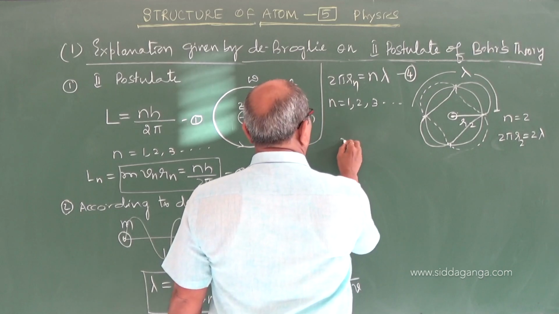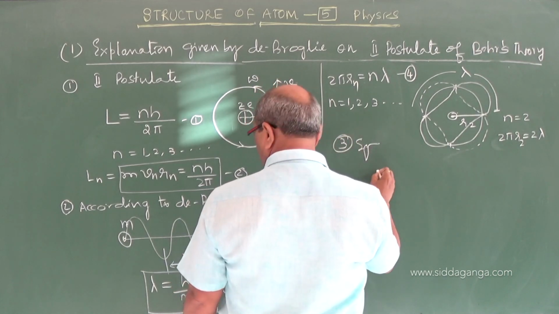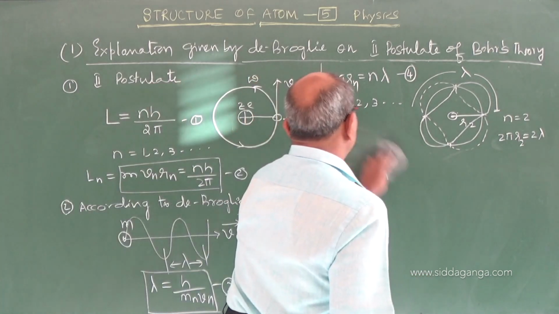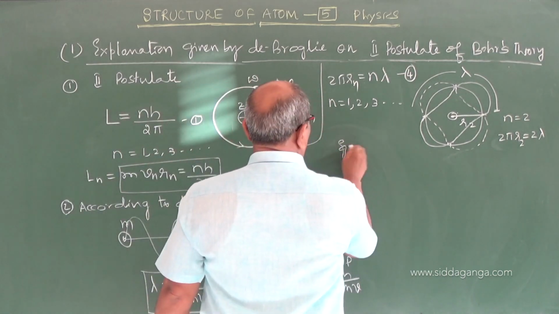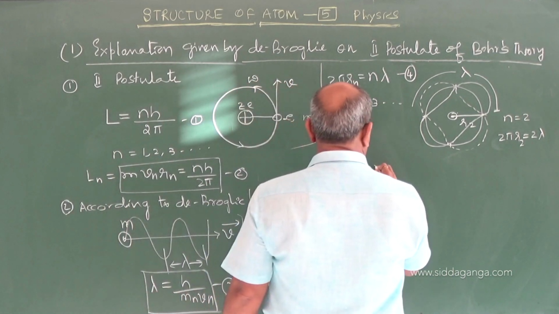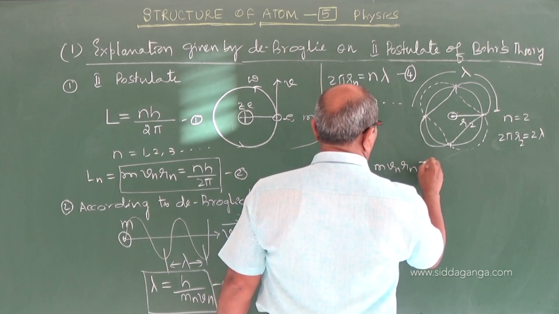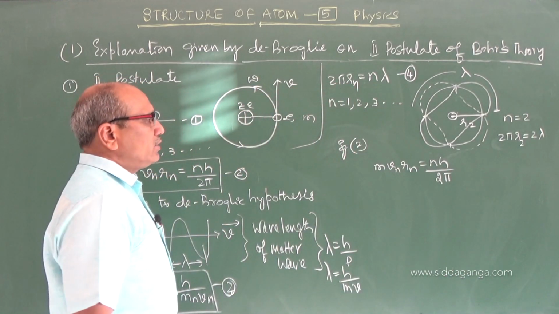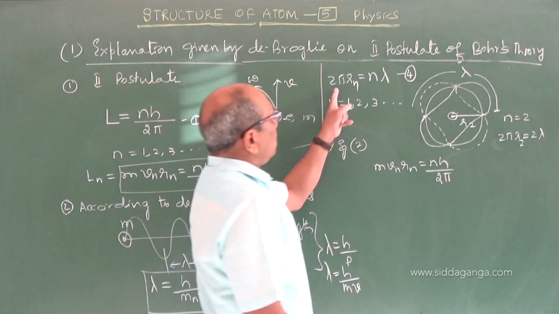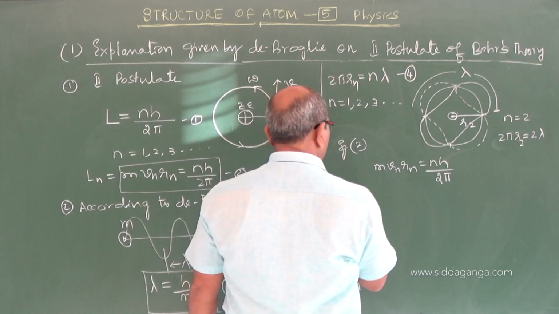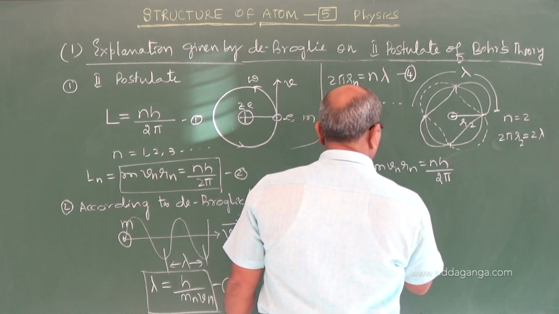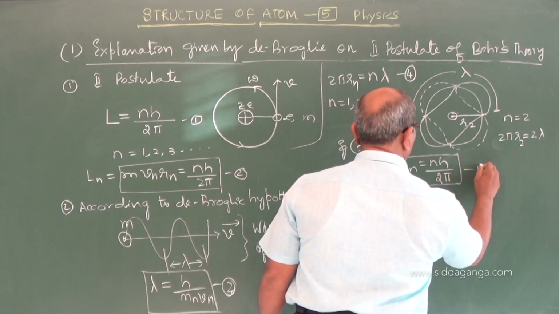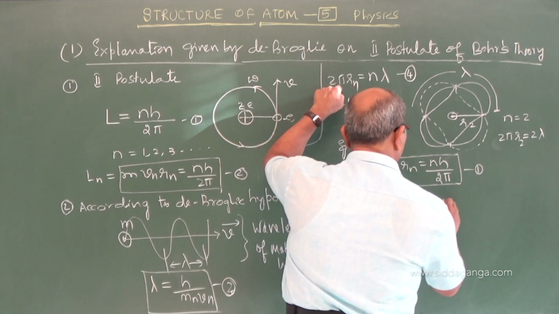So from equation 3, we got lambda. Equation 2: m1 Vn Rn is equal to nh upon 2 pi. But what de Broglie says, equation 4, is the statement of Bohr's postulate: 2 pi Rn is equal to n lambda.